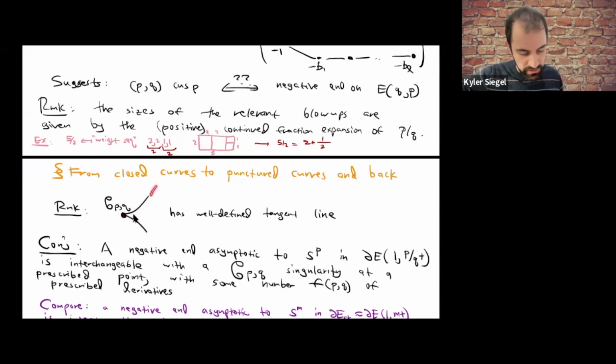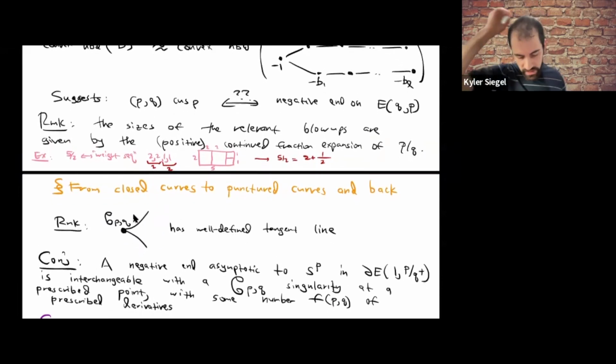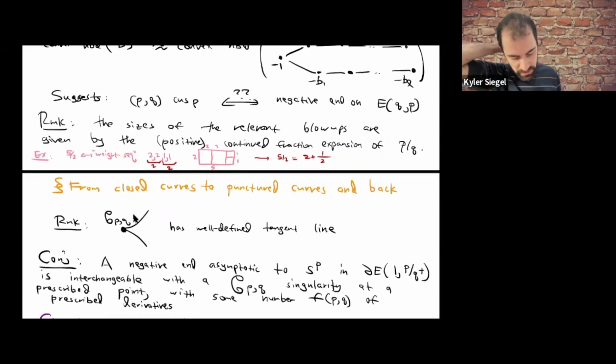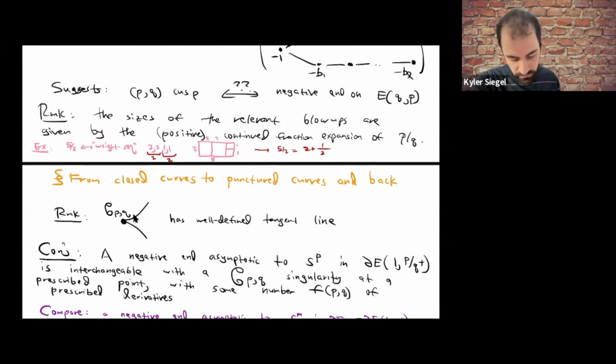If you look at the limit of the tangent lines of the curve as you approach here, in this case it has a well-defined tangent line, which should just be horizontal. So you can ask for a (p,q) cusp, but you can also ask for it to have a specific tangent direction at the point. And you can also ask for specific higher order derivatives, for the geometric image at that point.